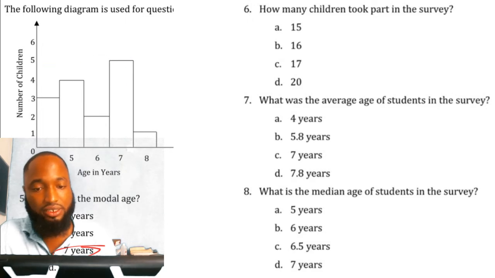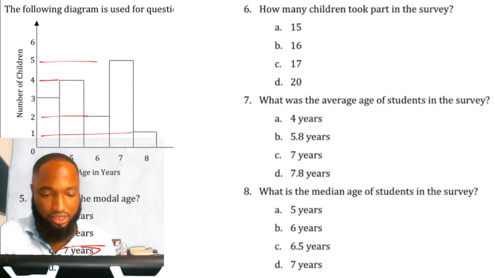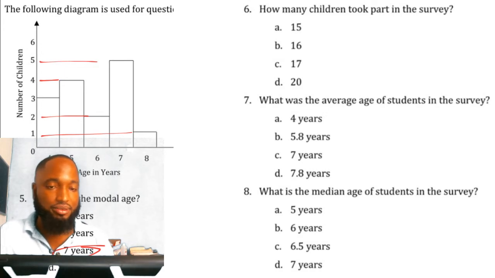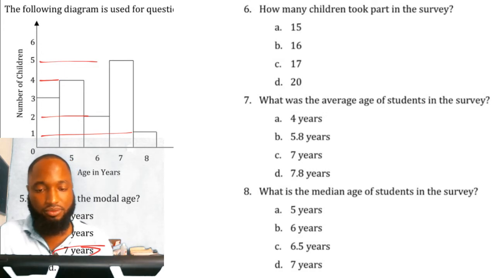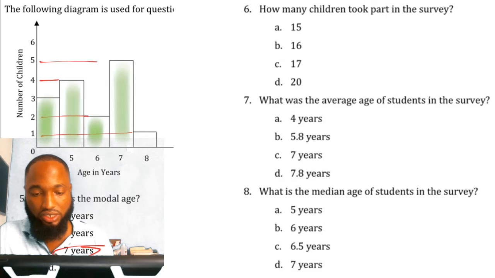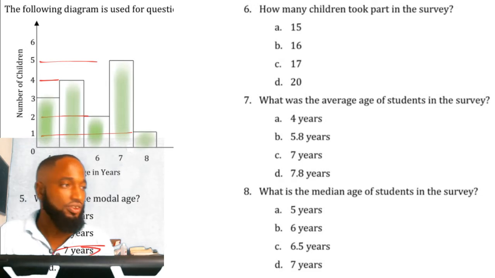They just assume some things here. 3 plus 4 is 7, plus 2 is 9, plus 5 is 14, plus 1, 15.